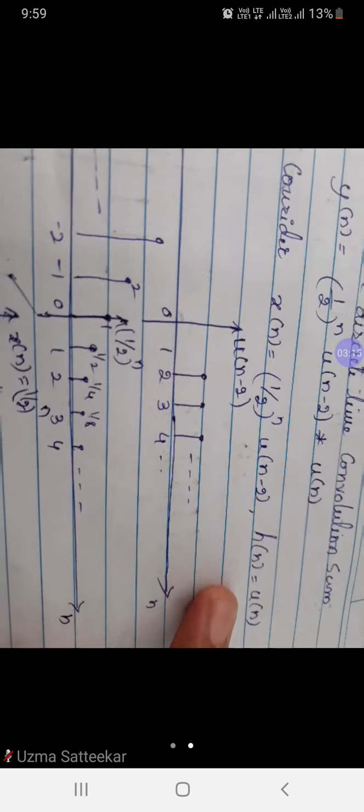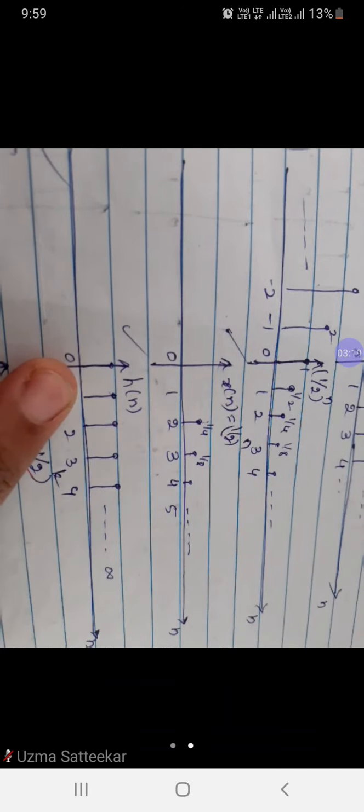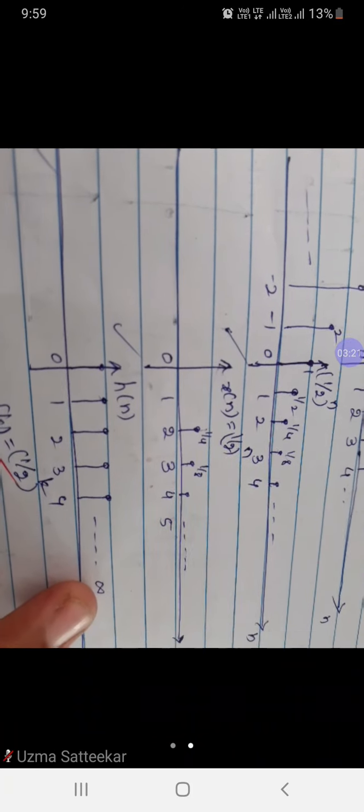So this is x of n. Remember, x of n is equal to 1 by 2 raised to n, and h of n is u of n. So simply draw h of n starting from 0 extending up to plus infinity.